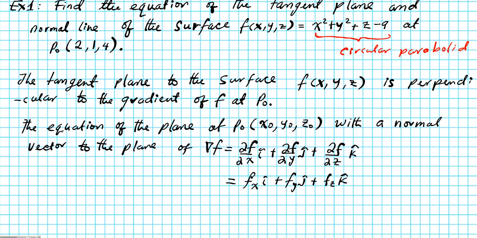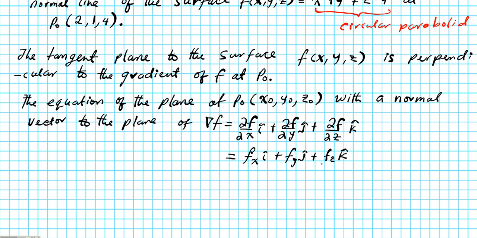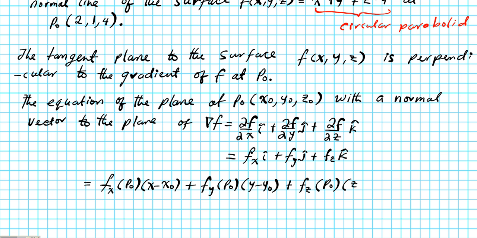So the equation of a plane at p sub 0 with a normal vector given by the gradient can be written, using this notation because it's much more convenient, as the partial in the x direction at the point p sub 0 times x minus x sub 0, plus the partial with respect to y at the same point p sub 0 times y minus y sub 0, plus the partial with respect to z at p sub 0 times z minus z sub 0.